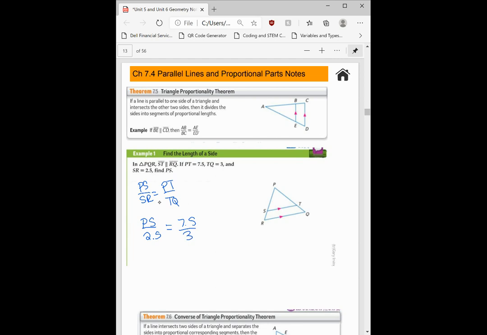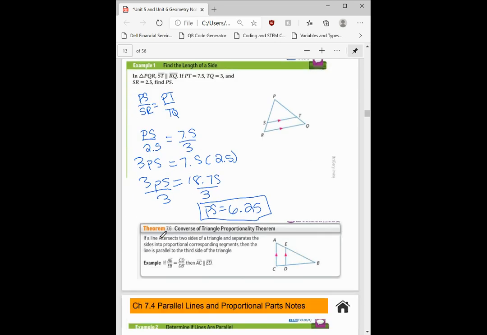So if we cross multiply, we have 3PS is equal to 7.5 times 2.5. Well, 7.5 times 2.5 is 18.75. So if we divide by 3, we get PS is equal to 6.25, and that's our answer.